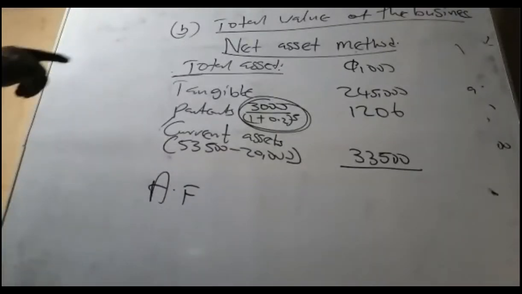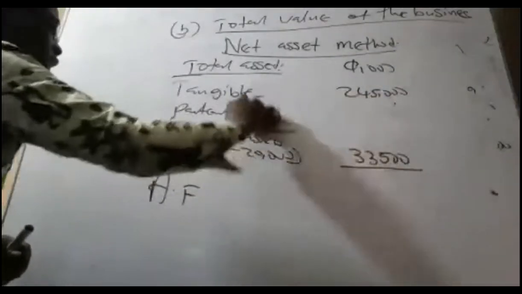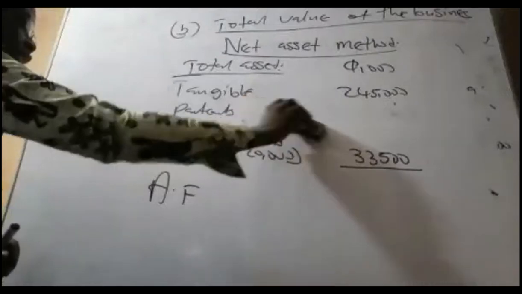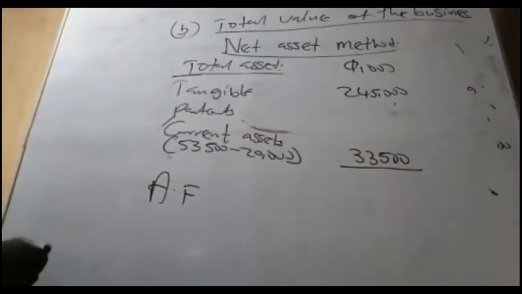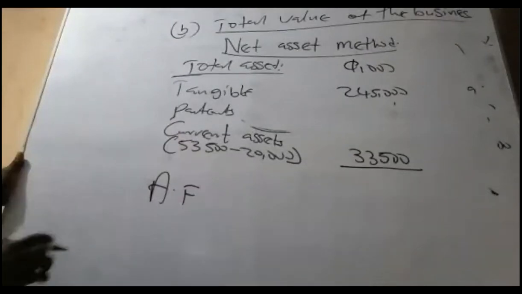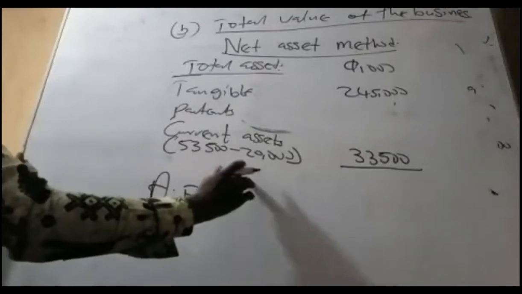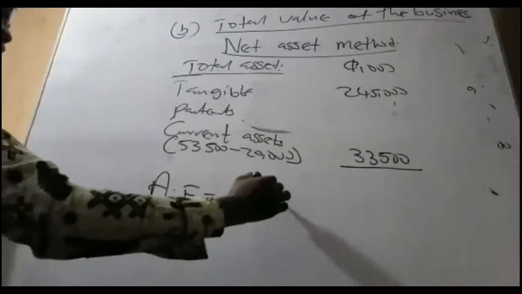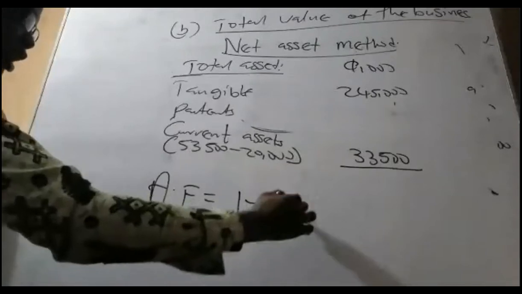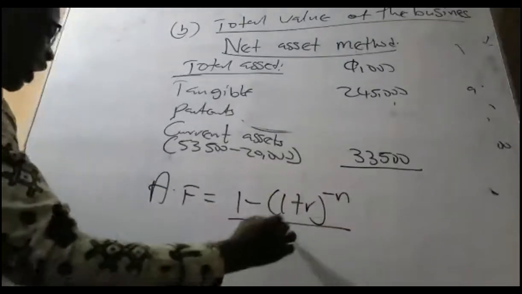So what we find is a present value. So we'll quickly look at the discount factor. Now, for the annuity factor, there's a straight formula that we will use. That formula, we have to look for the annuity factor, which is equal to 1 minus bracket 1 plus r all to the power minus n, all divided by r.